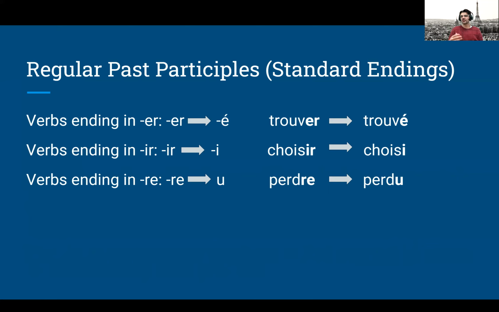So if you have a verb like trouver, which ends in an ER, you replace the ER, like earlier with manger, with the é accent aigu. And then if you had a word with an IR ending, like choisir, to choose, you would change the IR for an I. And then if you had a verb that ends with RE, like prendre, to take, you would say perdu.